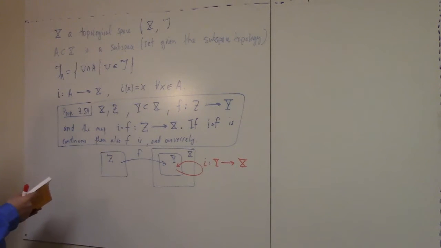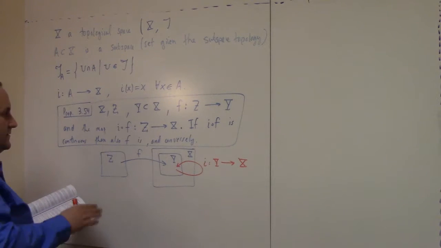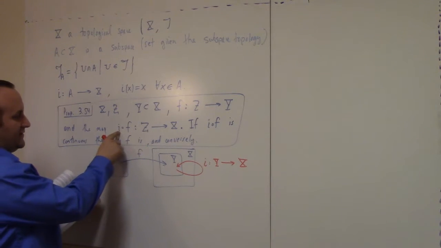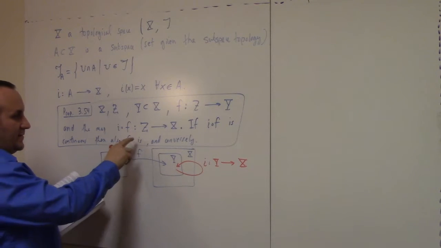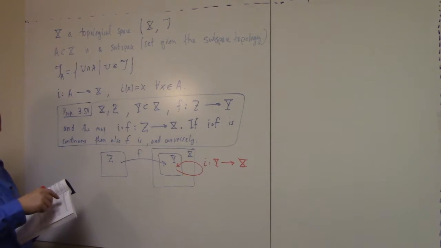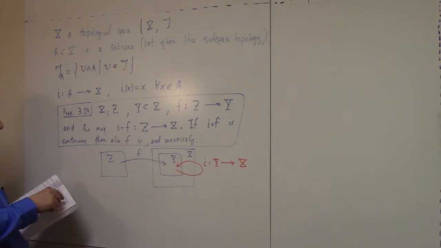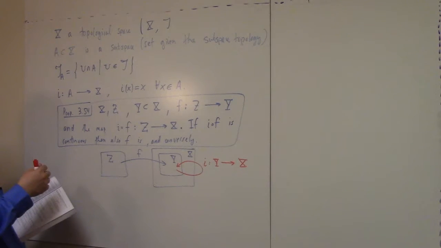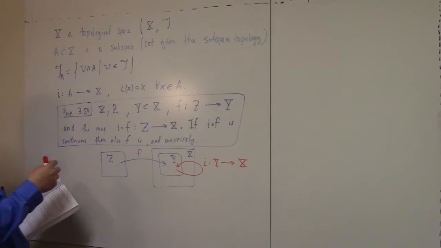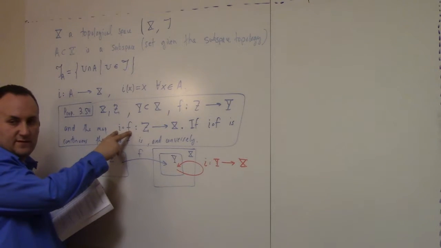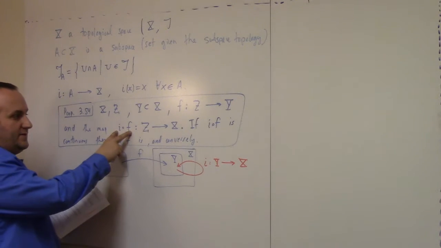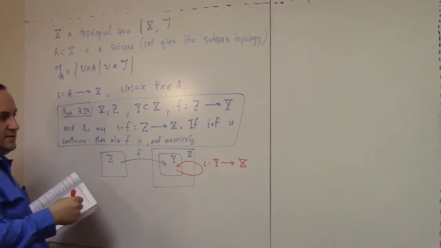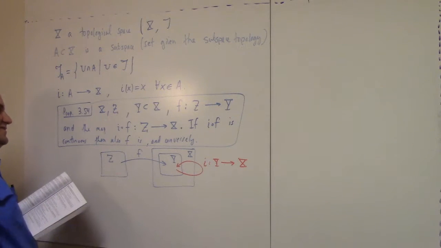Now, the proof of this is pretty straightforward. The forward direction, if we already have that f is continuous and the inclusion is continuous, then the composite of continuous maps is once more continuous, right? And then the other direction, if I have continuity just of the I composed with f, then if you think about the inverse image, I mean, there's really not much to say there.